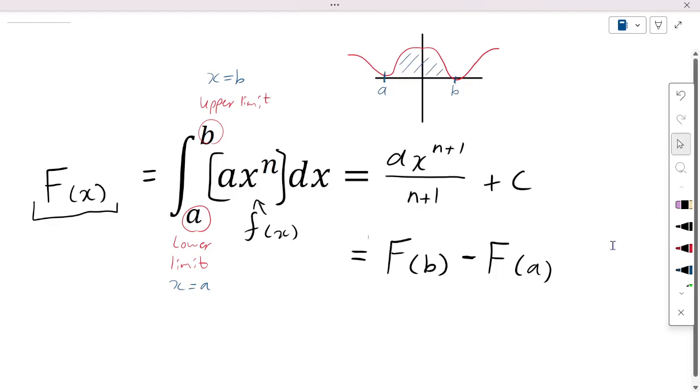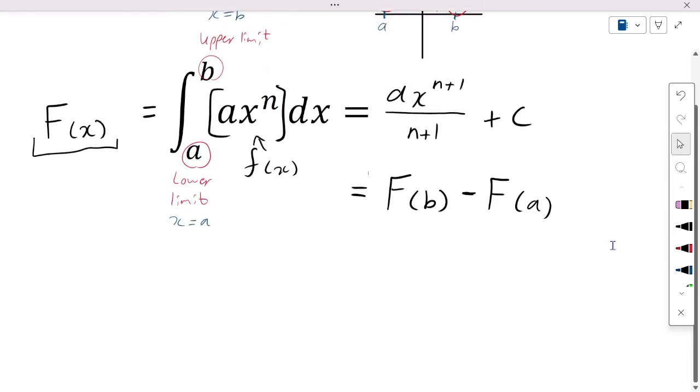Okay. So now what's going to happen over here? If we do the following, it's going to be F of b. This is going to be f of x, right? We know that this is equal to capital letter F of x. So we're just going to plug in these values here. So this is going to be a multiplied by, remember that b is being replaced with x now.